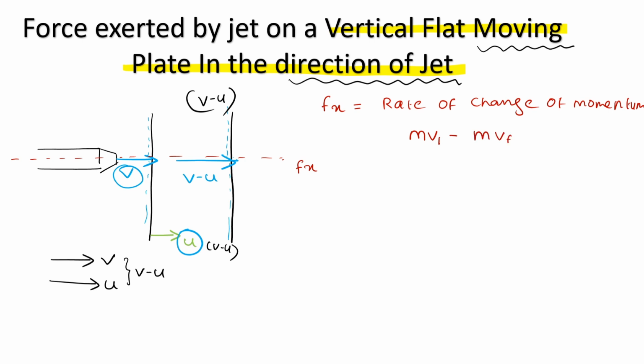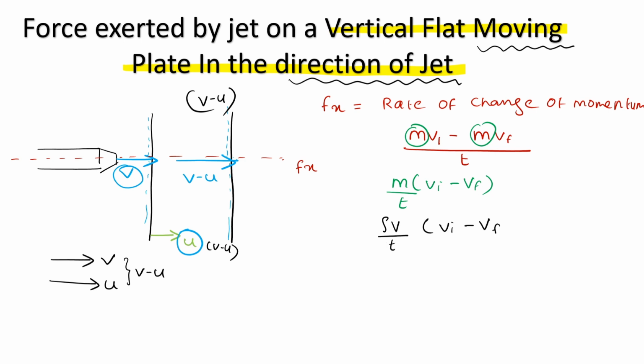And rate of change of momentum means the whole divided by time. So from here we can take m as common: m into initial velocity minus final velocity by time. And mass by time, mass I can write as density into volume by time, and into initial velocity minus final velocity.